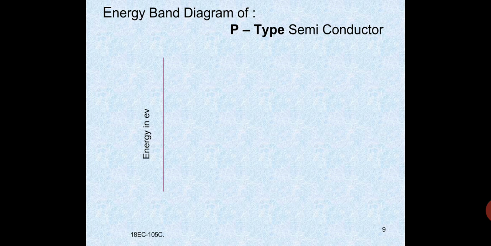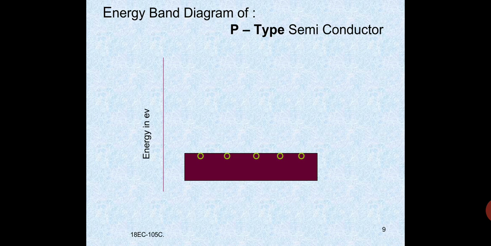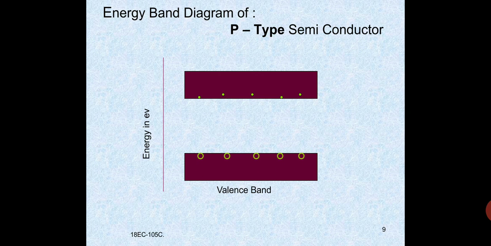So here comes the energy band diagram for a p-type semiconductor. So what is this one? At the lowest level it is the valence band. Now above that is the conduction band. And where is the Fermi level?